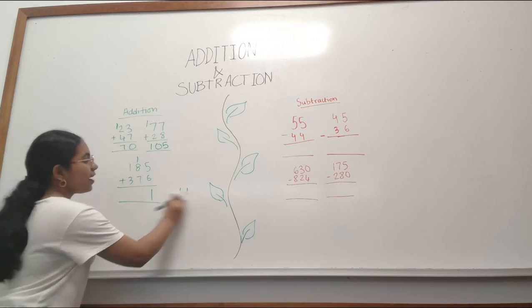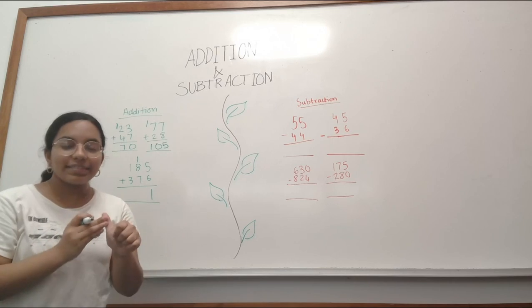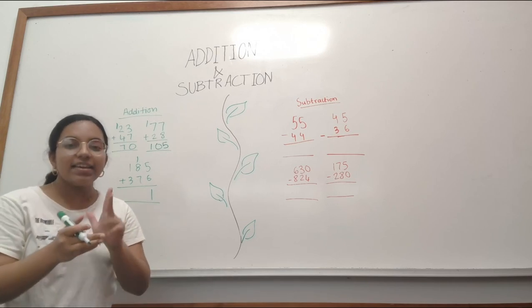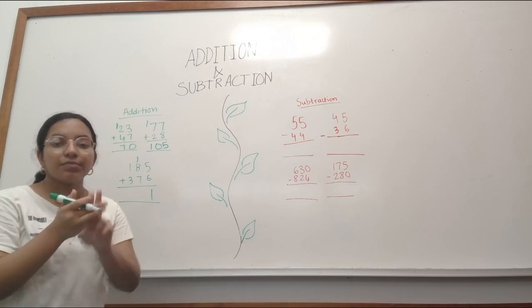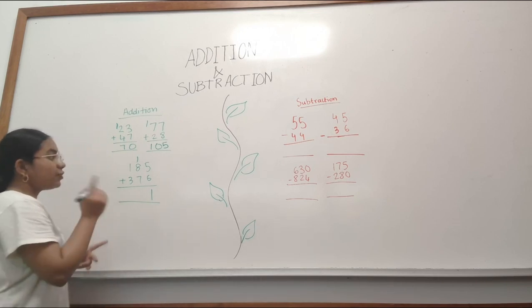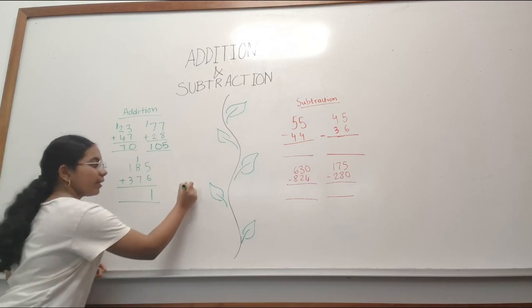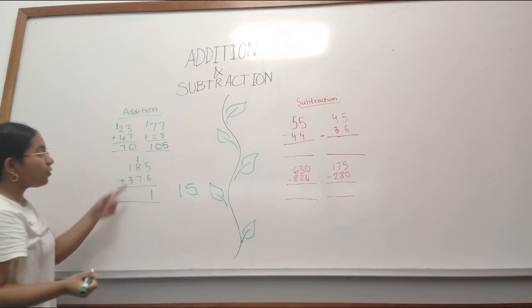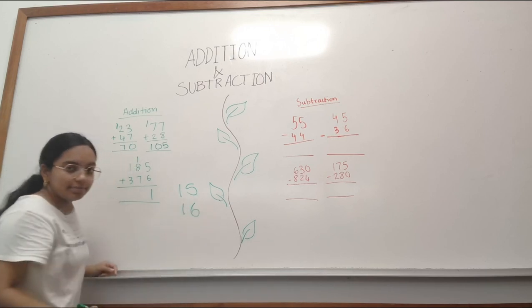Right? And now we have 7 plus 8. After 7, 8, 9, 10, 11, 12, 13, 14, 15. Right? And don't forget the one from before. So it's 15, right? And now we have the one from before. So now it's 16. Right?